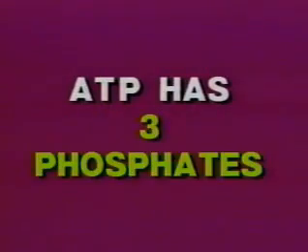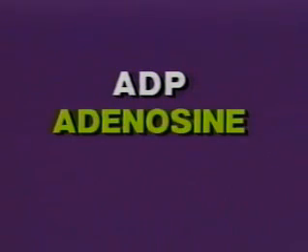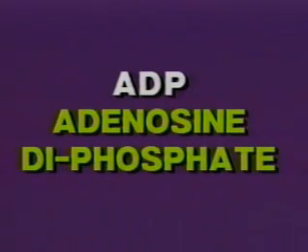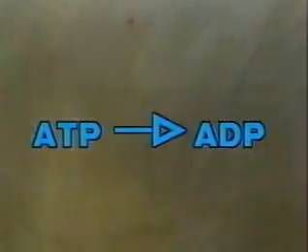ATP has 3 phosphates. But for it to release energy effectively, ATP must lose one of its phosphate molecules, thus becoming ADP, or adenosine diphosphate. When you engage in any type of activity which requires energy, ATP is being changed to ADP in your cells.